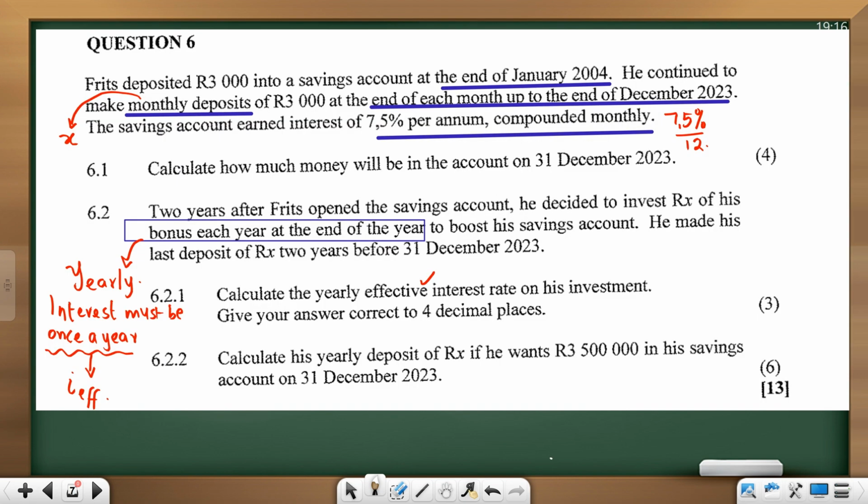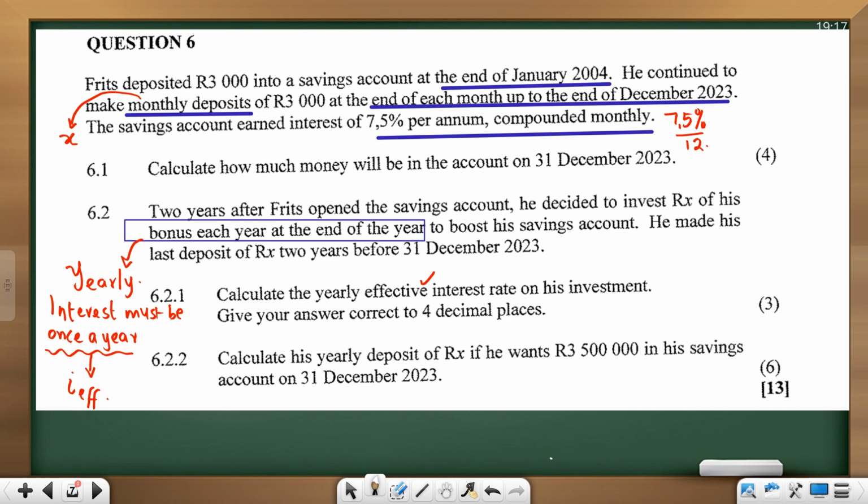All right. Now we go back to our story. Can we try to see what this story is? This guy is depositing. And 2 years after he opened this deposit, what happened? He decided to invest an amount each year to boost his savings account. He made the last deposit.